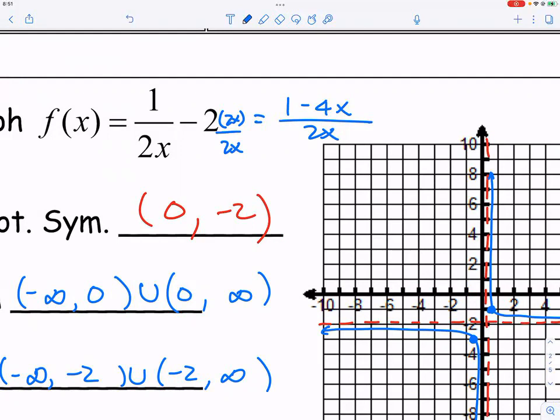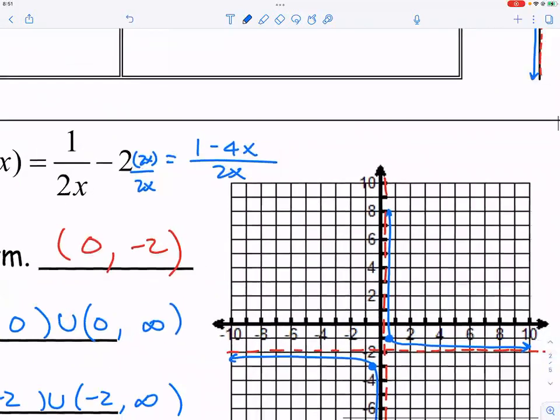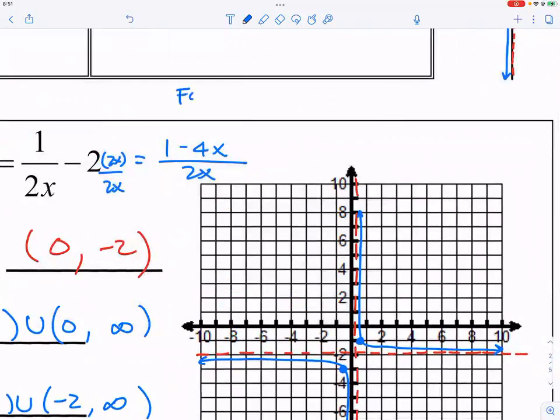Now, I want to make a little transition to what we do tomorrow and next week. I want to write this little statement here. For a fraction to be 0, a very simple idea, but I want you to write it down. For a fraction to be 0, the numerator must be 0.